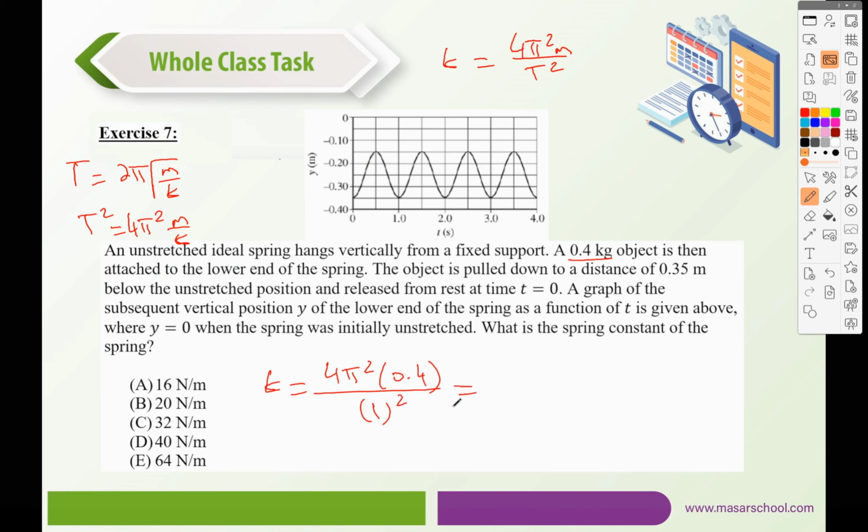Now plugging that into the calculator, let me double check. The value of k is almost 15.79 newtons per meter, which is almost 16 newtons per meter, making A the correct answer.